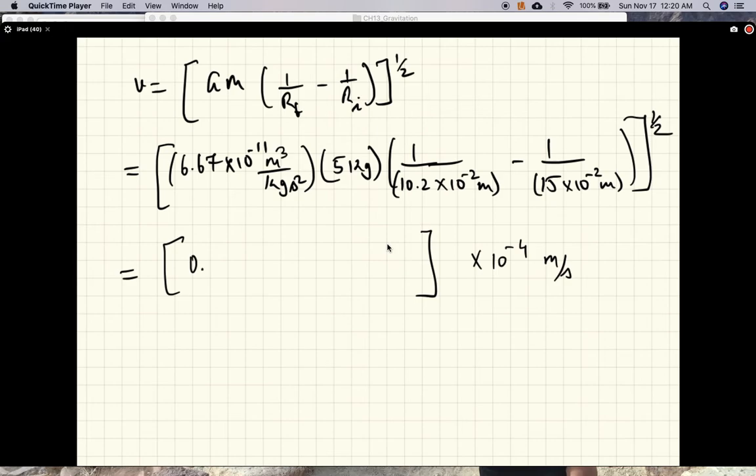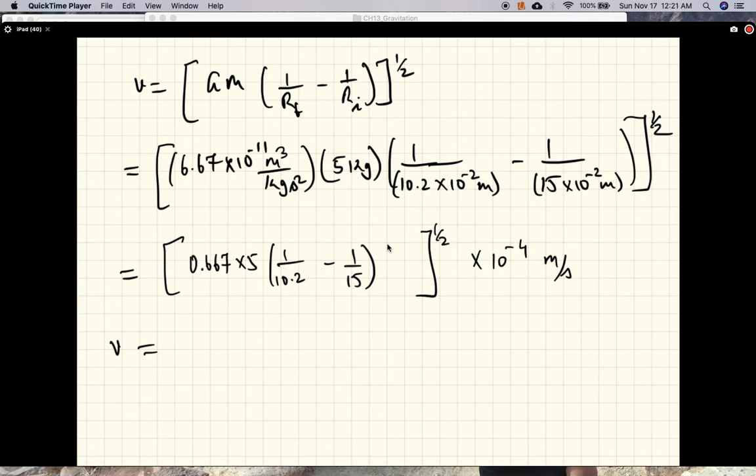So this will be 0.667 times 5, to the power half. So that's what it works out to. So each will be moving at this speed just before impact.